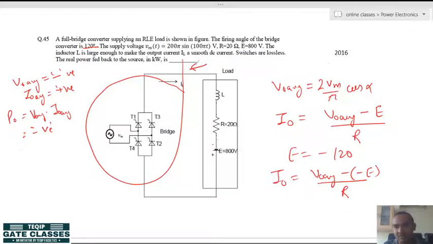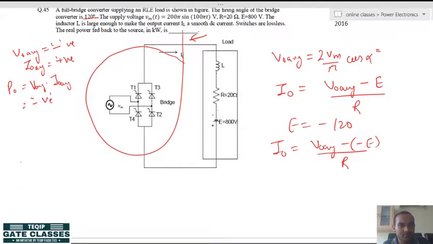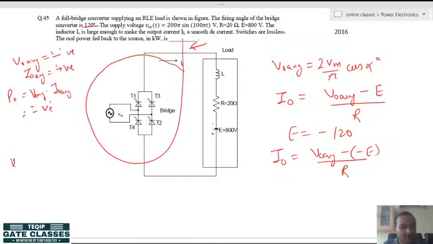So, V naught average is 2 Vm upon pi cos alpha, just put the values and you will get, let me calculate here. So, V naught average is equal to 2 into 200 pi over pi into cos 120. So, it comes around, let us calculate it.